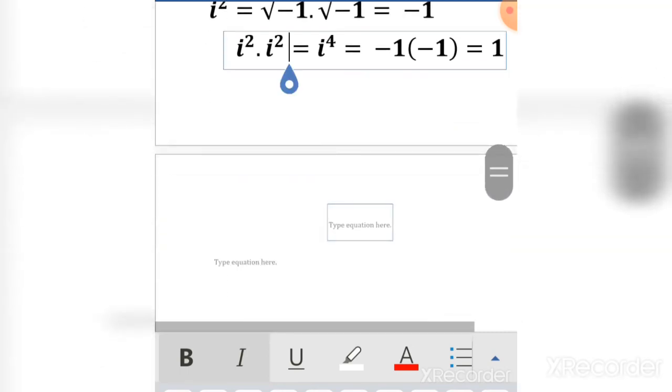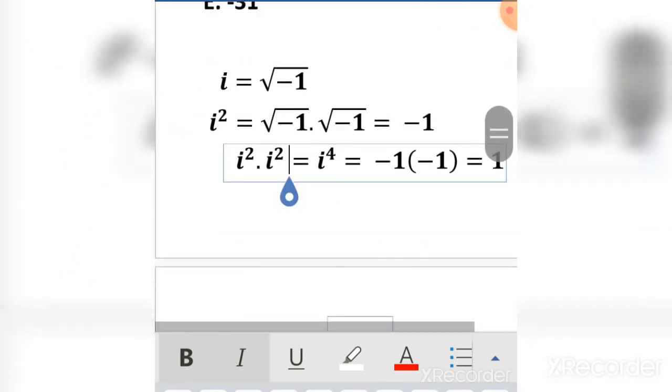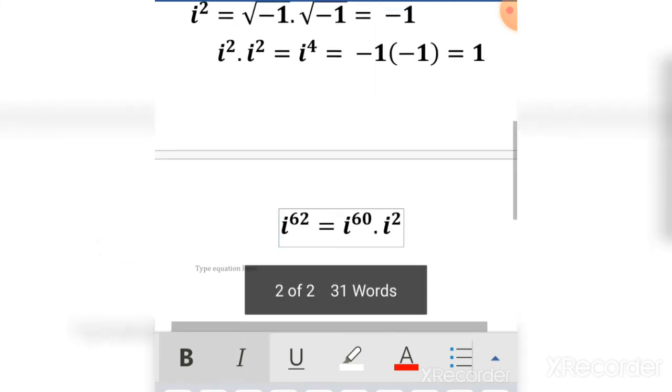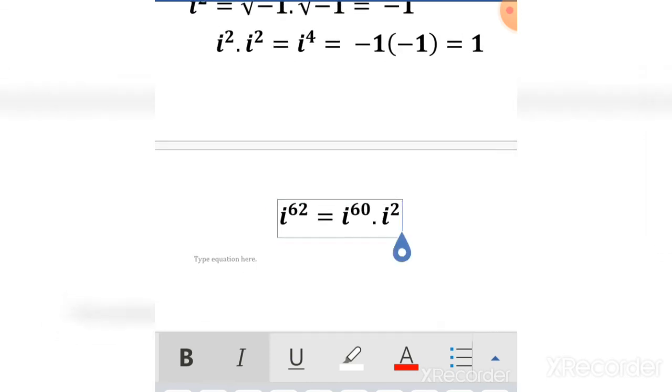Now let's go back to i to the power of 62. This can be factored as i to the power of 60 times i to the power of 2. Now, 4 is a factor of 60, or 60 is divisible by 4.